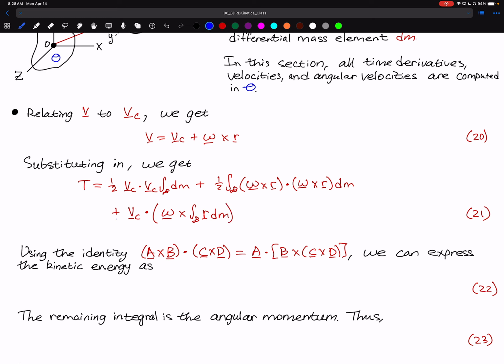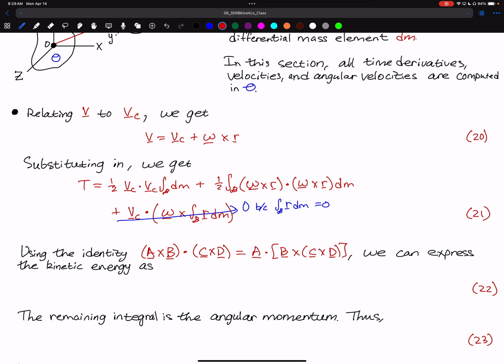And this last term goes to 0 because for every r, there is an equal r in the opposite direction, equal in magnitude but opposite direction, that will cancel it out, such that this integral right here, the integral over the body of r dm, equals 0, so this quantity here is 0 because that integral goes to 0.